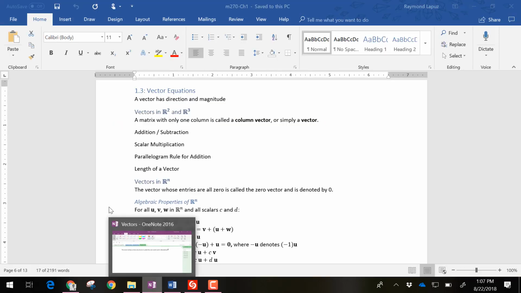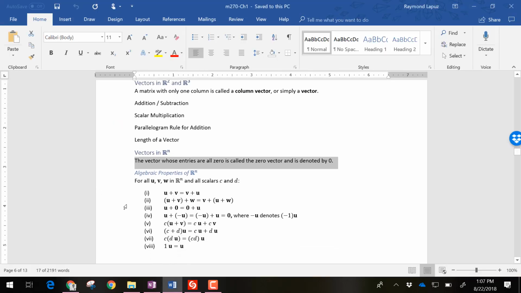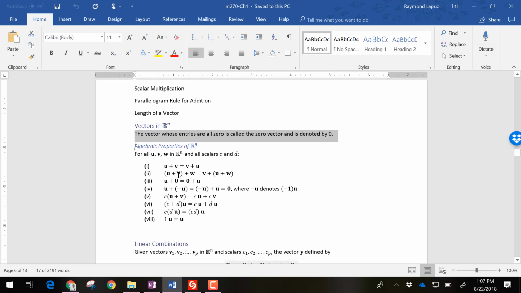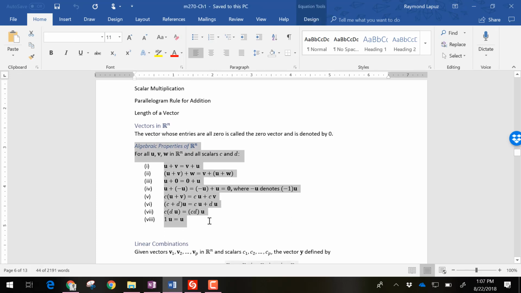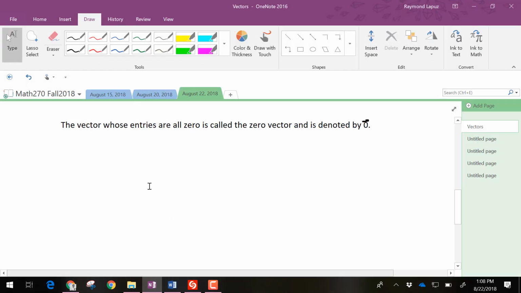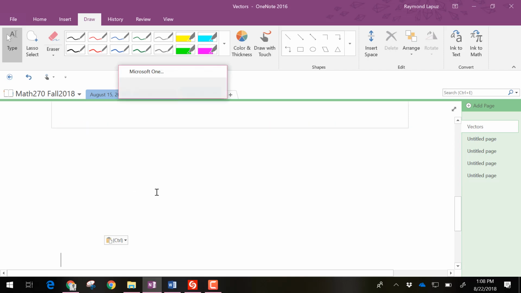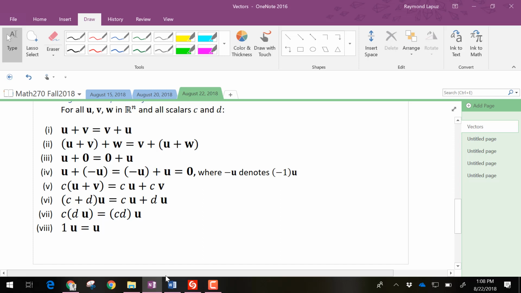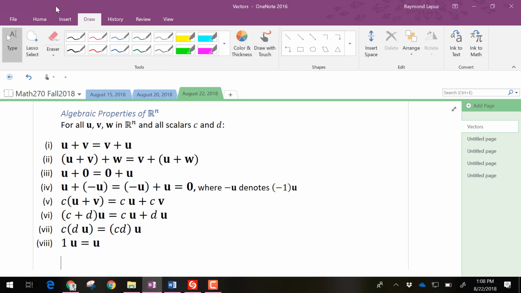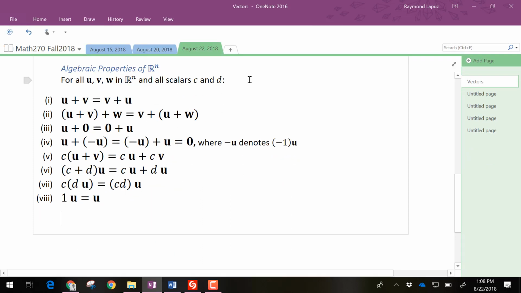All right, so next is a set of some algebraic properties for vectors. If we want to get all fancy, we can give some of these properties names. We have that addition is commutative. When you switch the orders, it's called commutative.